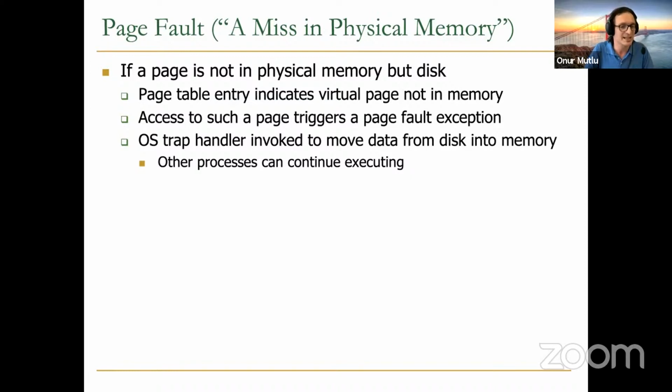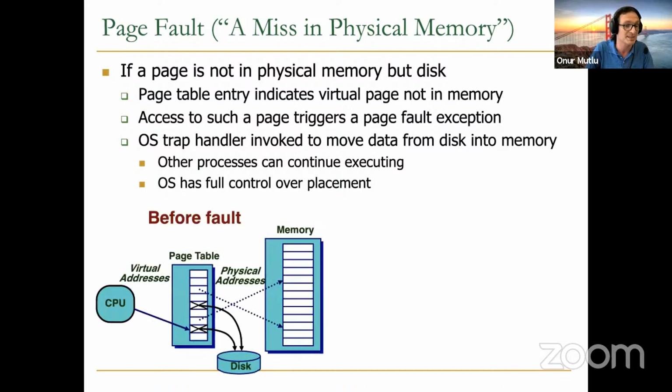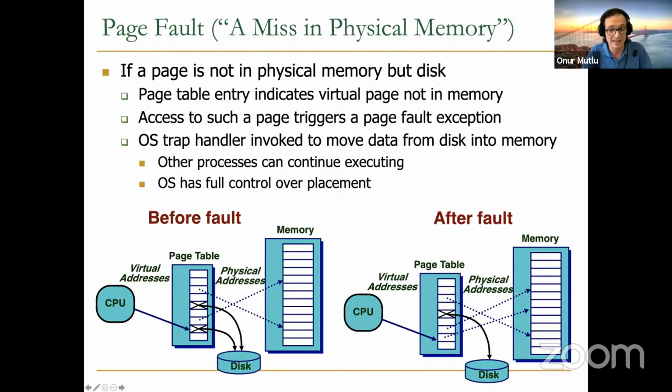Other processes can continue executing, but this process needs to stop. The OS has full control over the placement. Before the fault, you access something on the disk, and that needs to be brought into physical memory. The mappings of other stuff remain unchanged, but you have another mapping that's introduced. Now, one page is not on disk anymore, it's in physical memory.